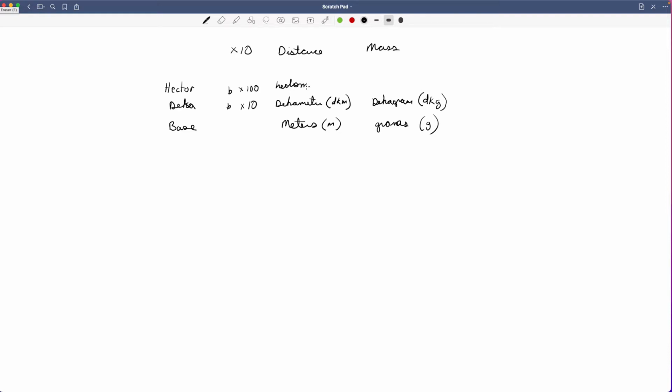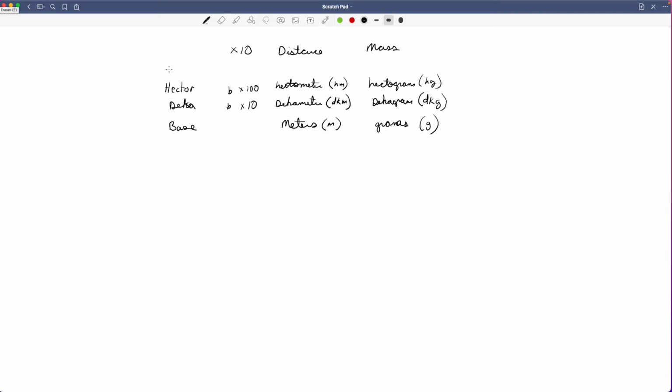So hectometer, and that abbreviation is HM, and this would be a hectogram, and that would be HG. So a hectometer is 100 meters, and a hectogram is 100 grams.